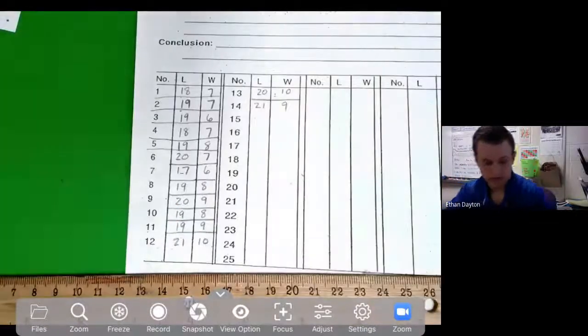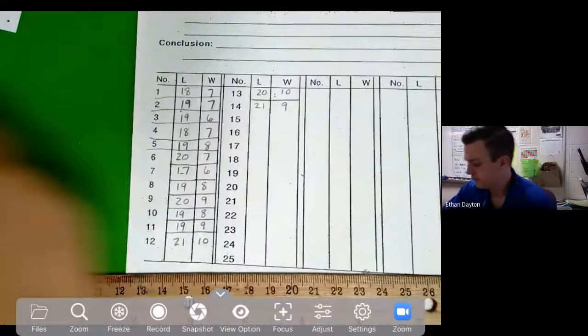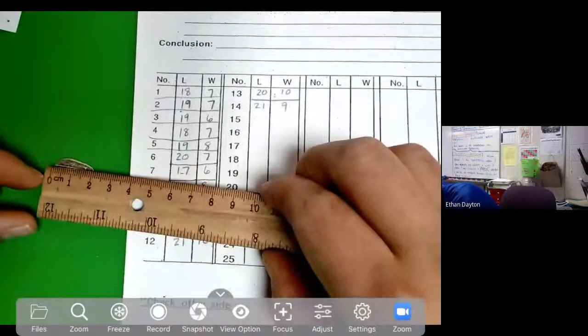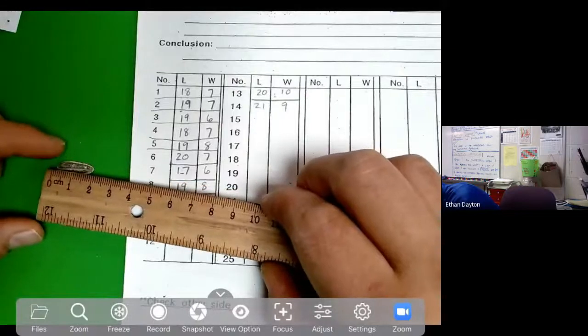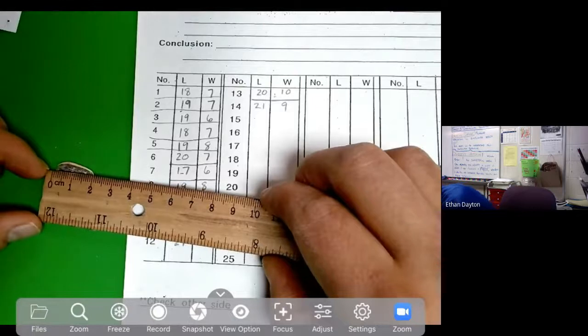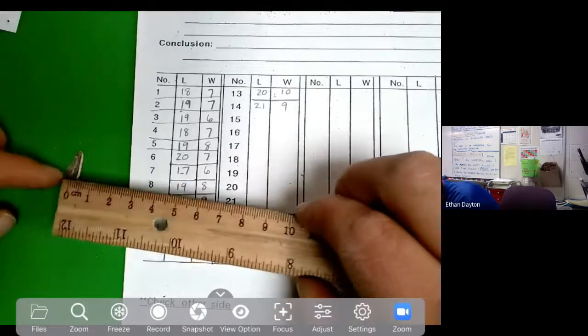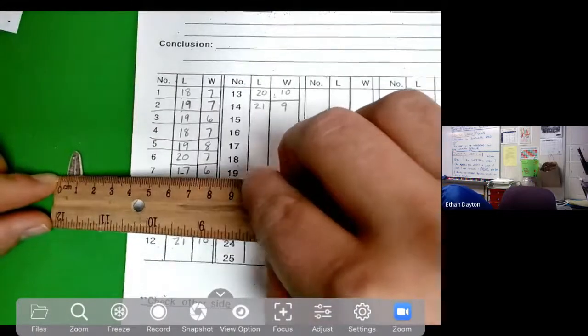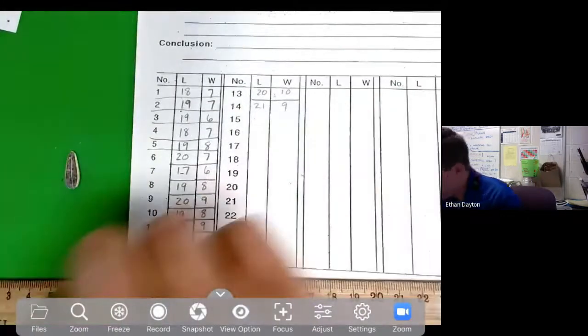And then the last one. We're doing 15 today. 19, and 9.